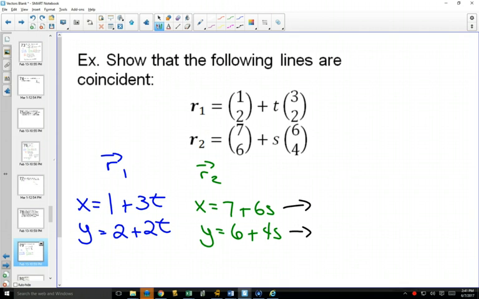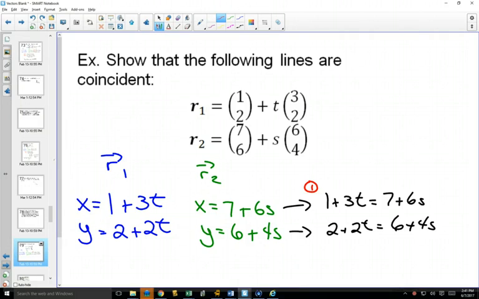So here's our 2 equations from that. 1 plus 3t is equal to 7 plus 6s, and 2 plus 2t is equal to 6 plus 4s. Again, I'm going to call this equation 1 and this equation 2.